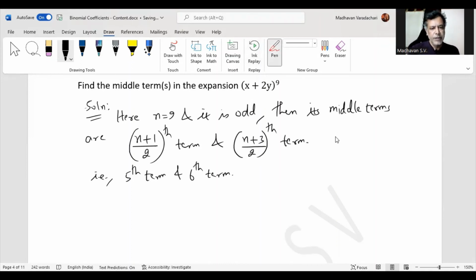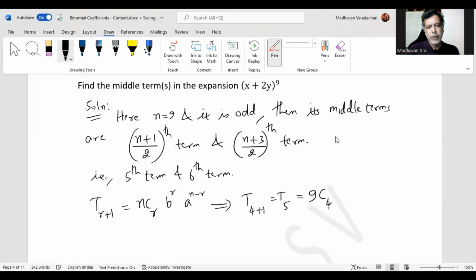So to find out the 5th term and 6th term, we will again apply T r plus 1 is nCr b power r a power n minus r. So here we will substitute first r as 4 to get T5, and that will be n is 9, C, r is 4, and then here r is 4.